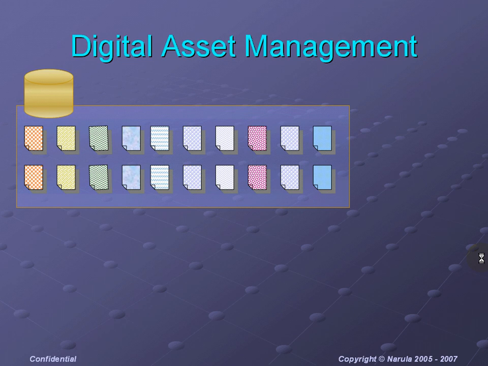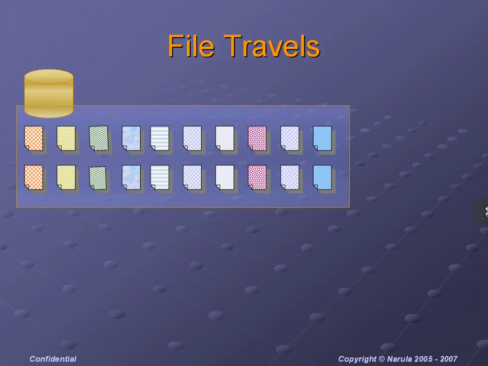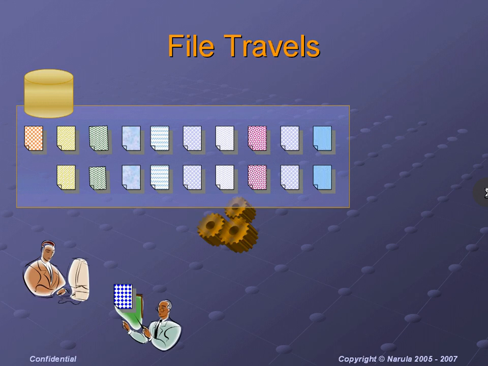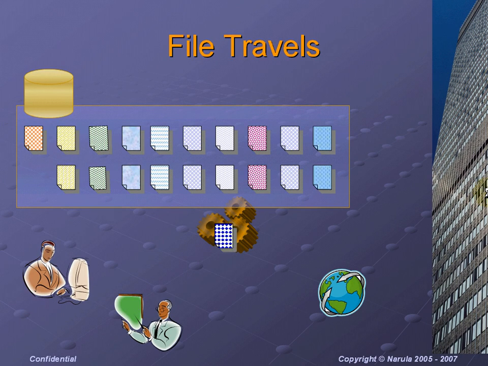However, in the real world, files do not begin in the digital asset management system, nor do they stay in there all the time, meaning files travel. Files travel from system to person, person to person, person to system, and system to system, even to systems external and back.